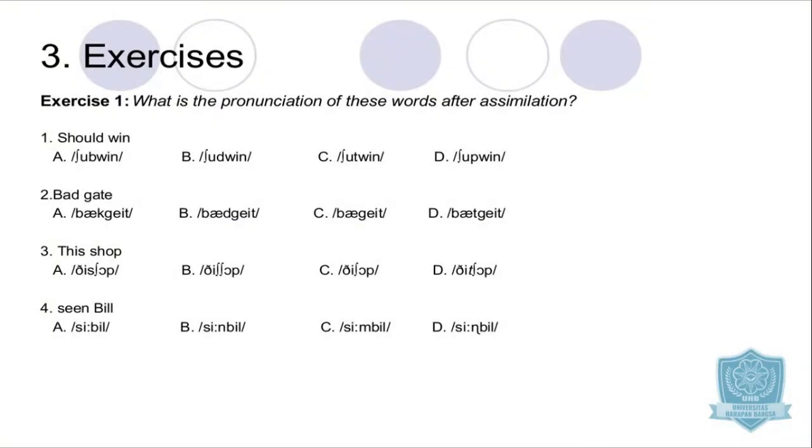And then here there is an exercise. There are 4 phrases. Try to find the correct assimilation, whether it is A, B, C or D. You have 5 minutes. You can pause the video, and after that you can see the answer. Okay, start from now.